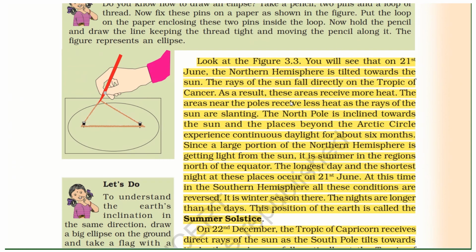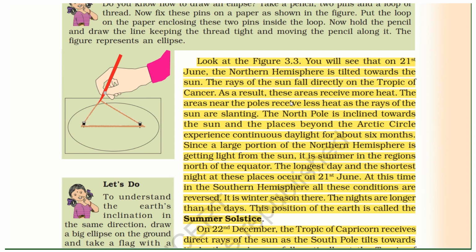And here you will see that on 21st June, the northern hemisphere is tilted towards the Sun. The rays of the Sun fall directly on the Tropic of Cancer. As a result, this area receives more heat. The areas near the poles receive less heat as the rays of the Sun are slanting.